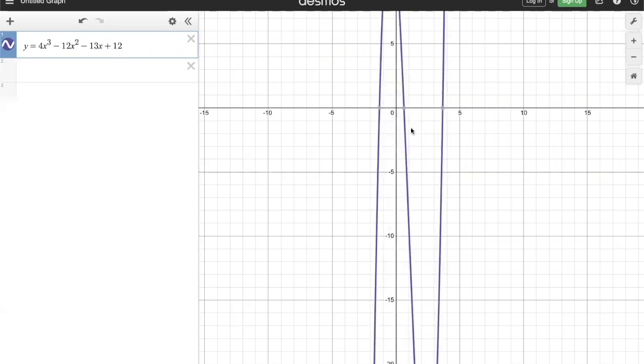I see my 3 intercepts are, ooh, did I do the wrong? That's not what I have on my paper. Let's see if I wrote the right thing: 4x cubed minus 12x squared minus 13x. So that means I might have made a mistake when I multiplied things out. That does happen sometimes because those numbers look gross. Well, that's a bummer.